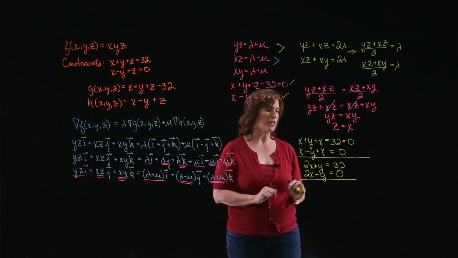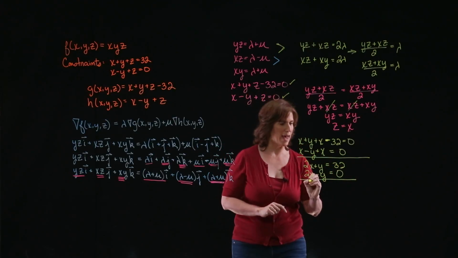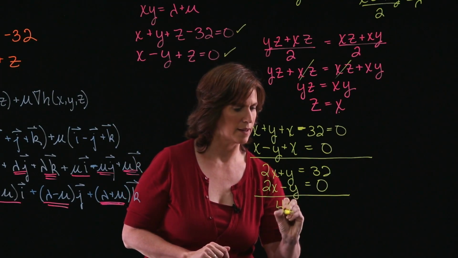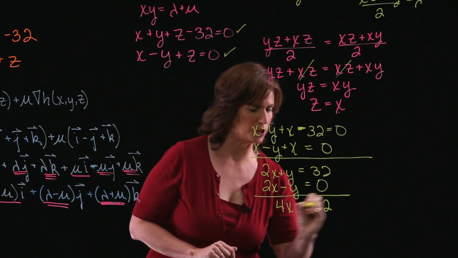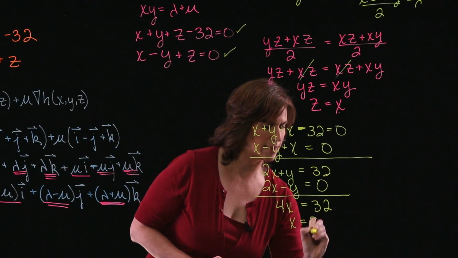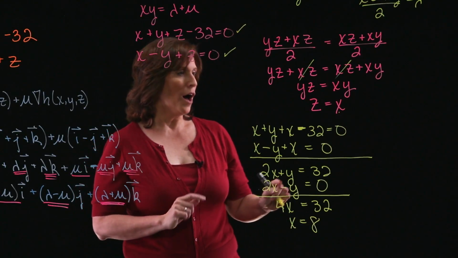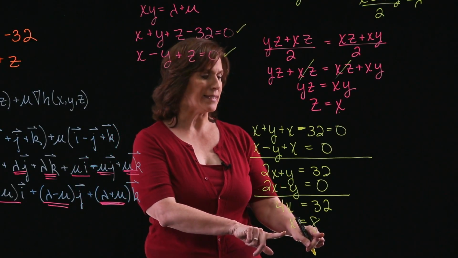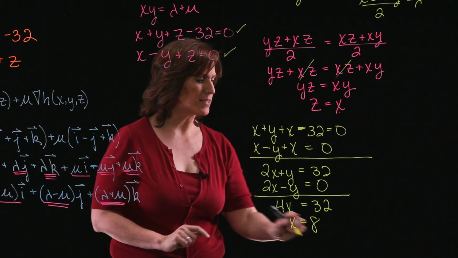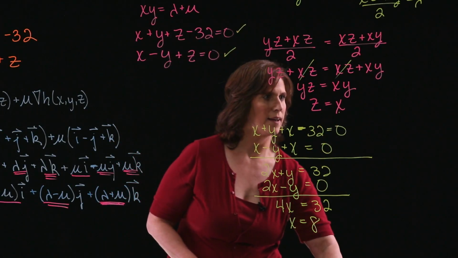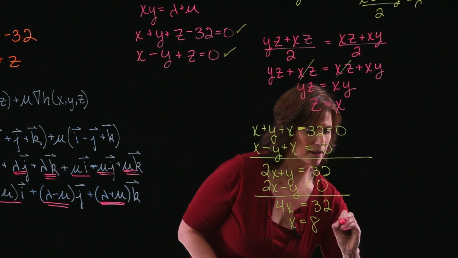If I take these 2 equations and add them together, I'm going to end up with 4x is equal to 32, which means that x is going to equal 8. Okay, so now if x equals 8, then I know what z is. If x equals 8, then z is also 8.